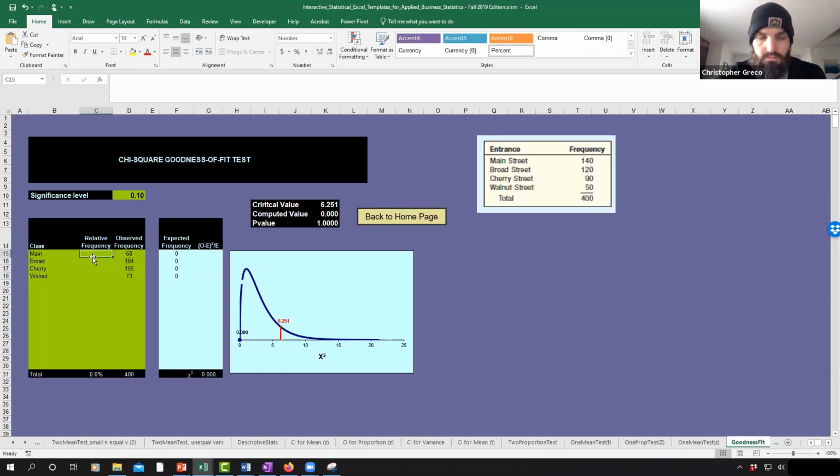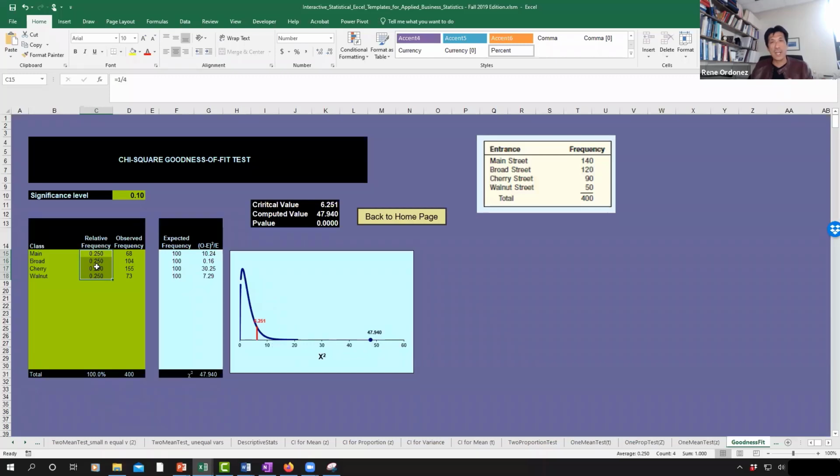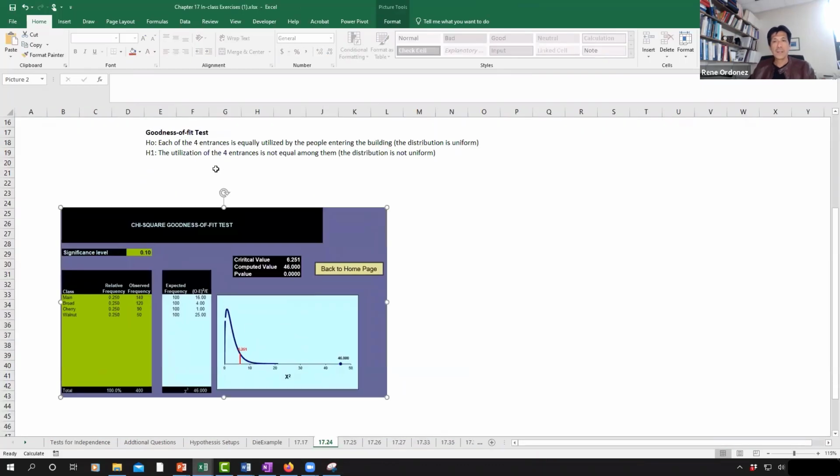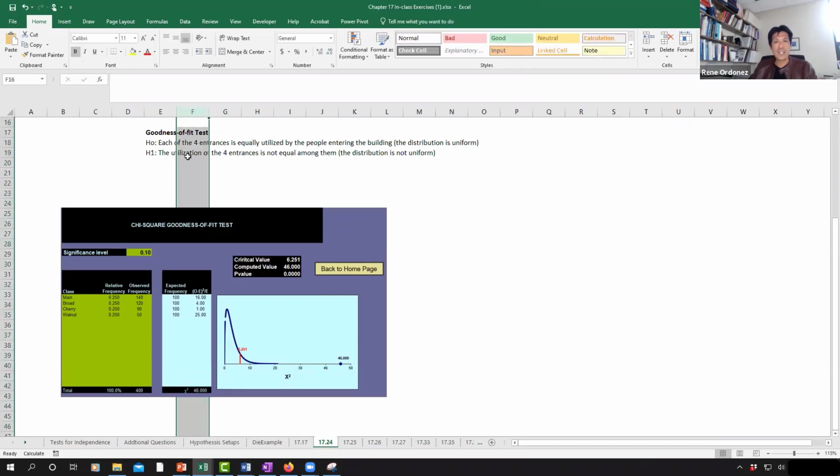Okay, so that would be equal to 1 divided by 4. And make sure that, if you are going to input the information here manually, the sum adds up to 100%, okay? The observed frequencies are 140, 120, 90, and 50. So here's the output. The computed chi-square.